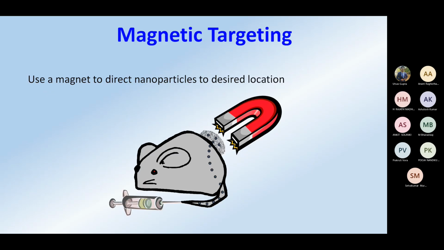And this is how it works: you have a cancer tumor, and the drug is given by injection. Once the drug is injected, which has the magnetic nanoparticles also, of course the nanoparticles' modified surface has a tendency to get attracted towards the cancer tumors.